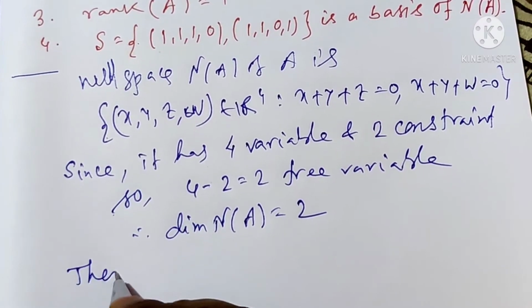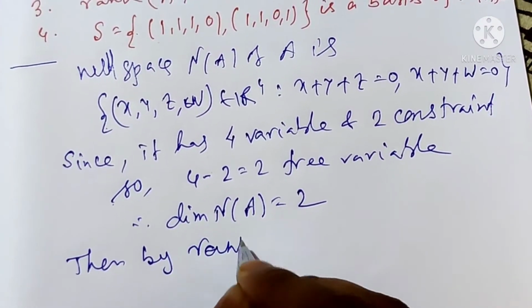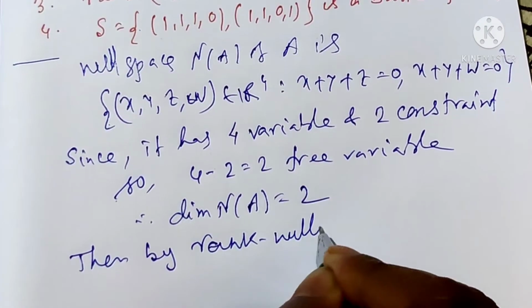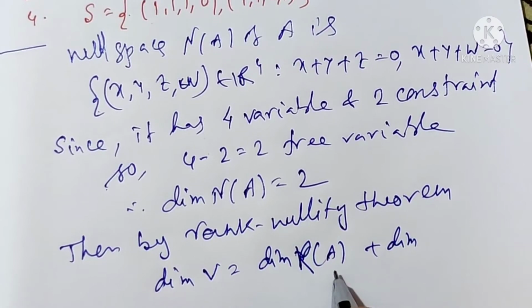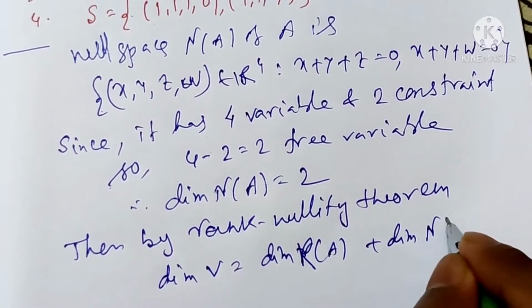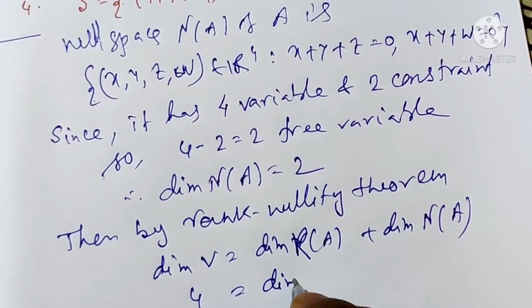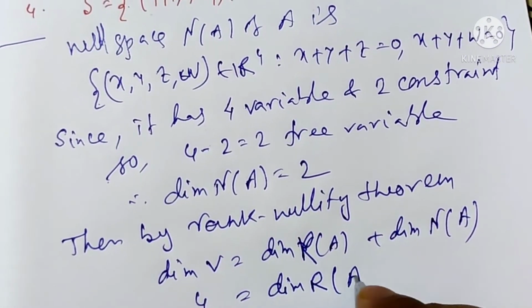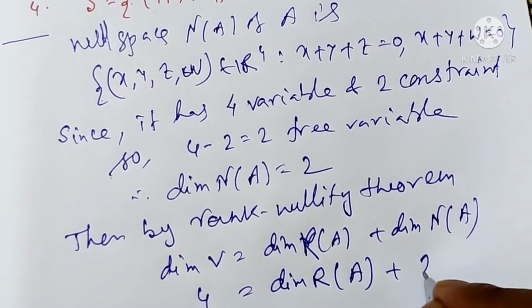Then by the rank nullity theorem, dimension of R^4 equals dimension of range space of A plus dimension of null space of A. 4 equals dimension of range space of A, or column space of A, plus 2.